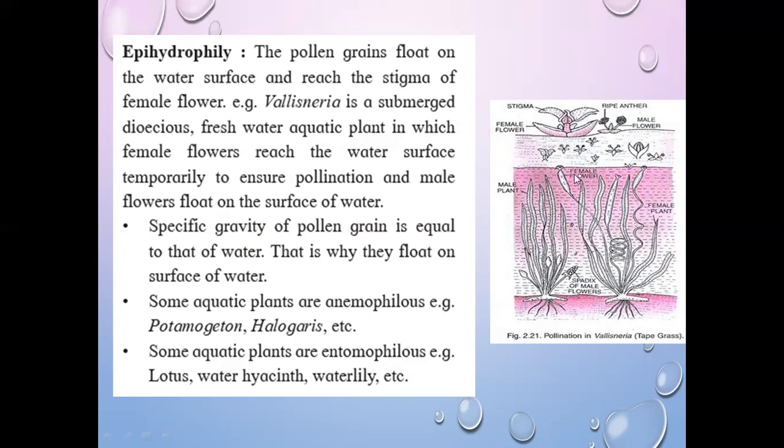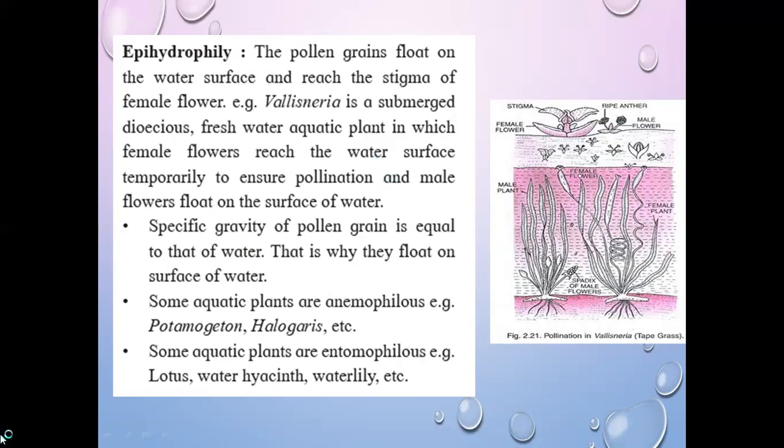So the pollination process takes place upon the surface of water, hence it is called as epihydrophily. The pollen grains float on the water surface and reach the stigma of female flower. For example, Vallisneria is submerged, means Vallisneria is present below the water surface. Dioecious means it is having male and female flowers.